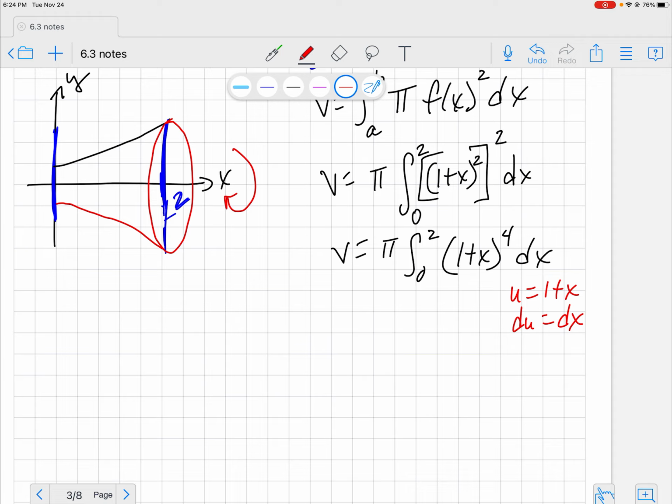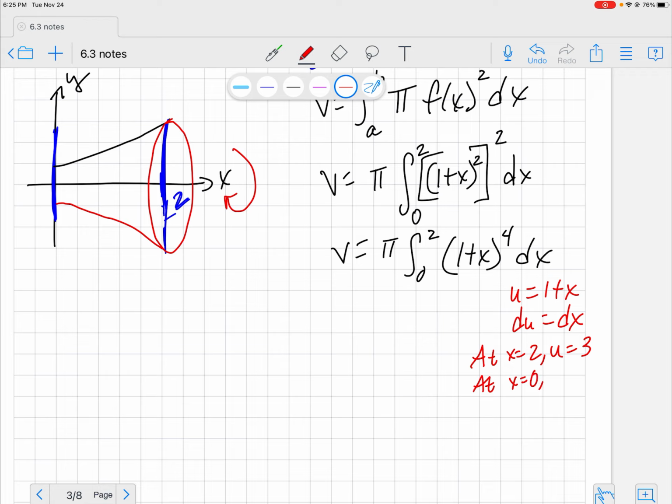When you sub to a u, make the full conversion. If you change the variables, you have to change the bounds because it all goes together. So at x is equal to 2, when I plug a 2 in here, 2 plus 1 is 3.